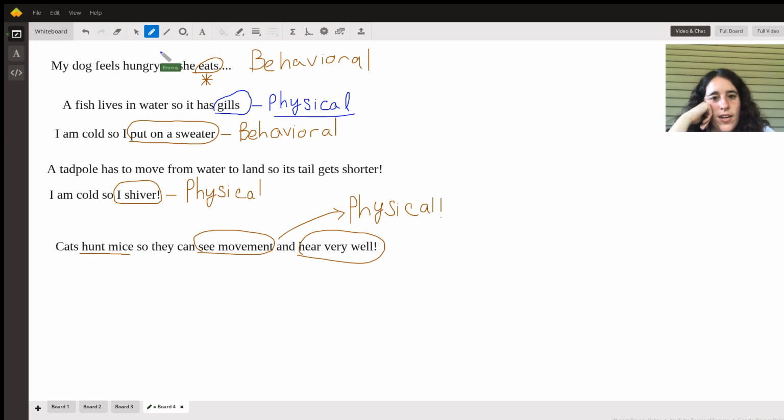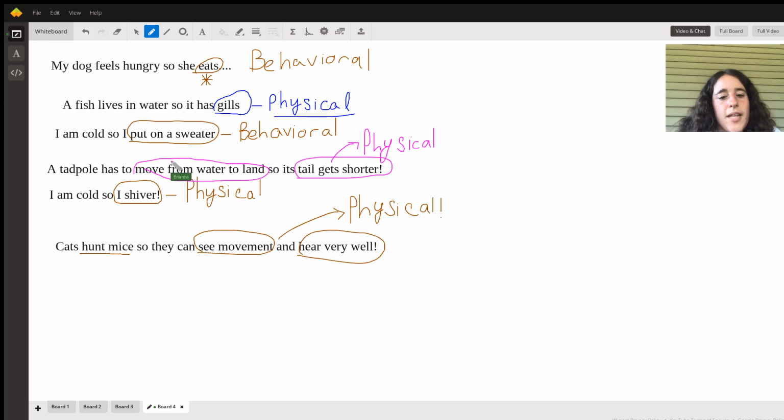So what happens here? It has a physical adaptation with its tail getting shorter that is a trait changing. As it becomes a frog, it won't have any tail at all. But moving to land, that's a behavior. When I move to land from water, that is a behavioral adaptation.